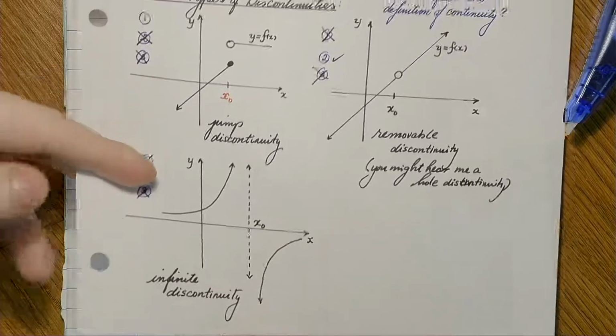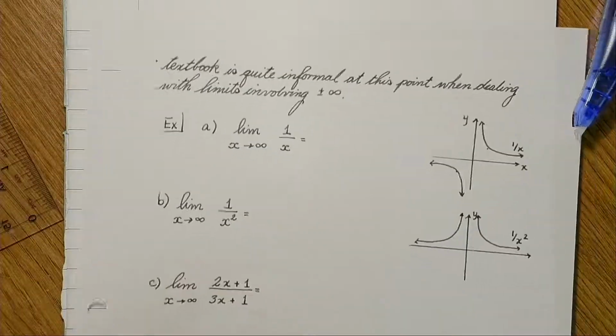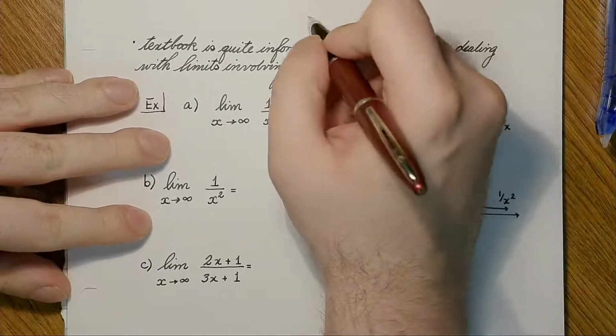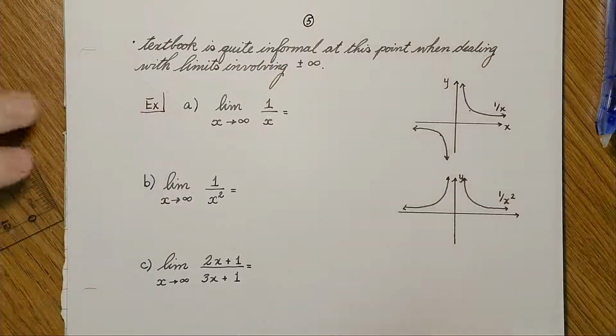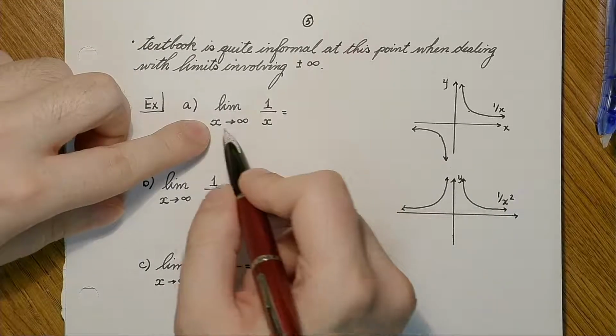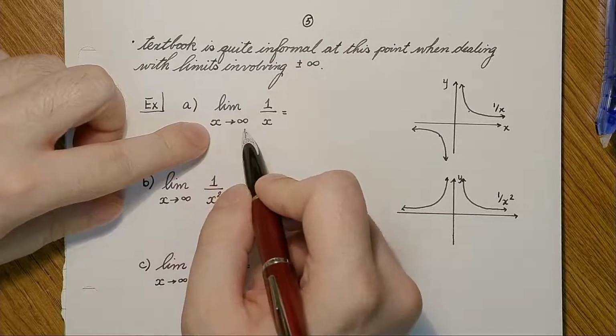Okay, so that was 4, and here's 5. So the textbook's quite informal at this point when dealing with limits involving infinity. And by that I mean, say, x going to infinity.